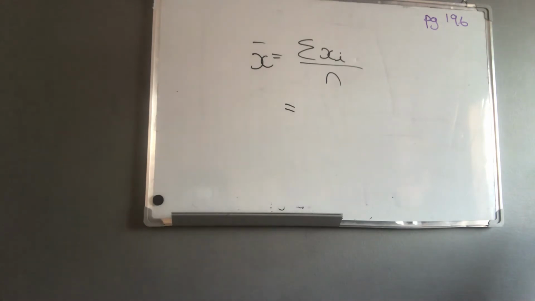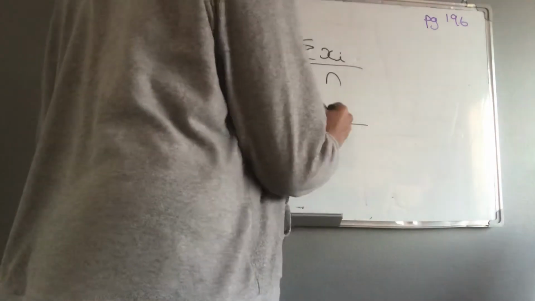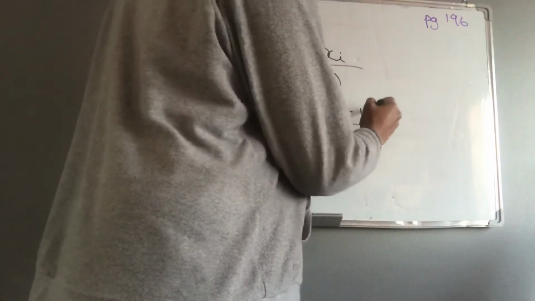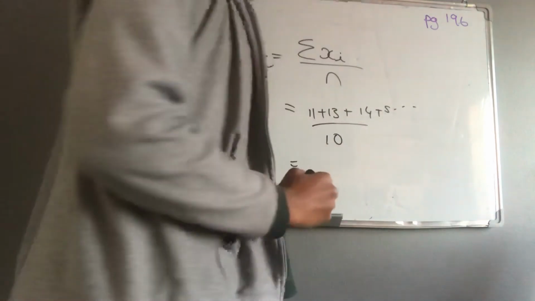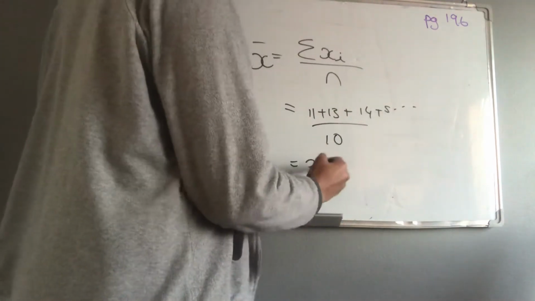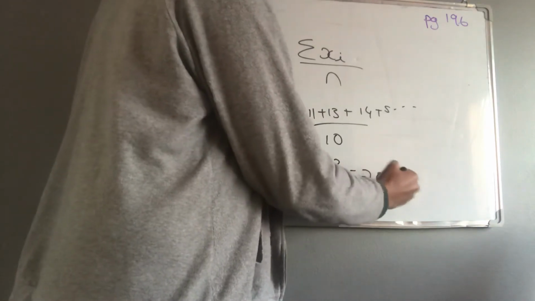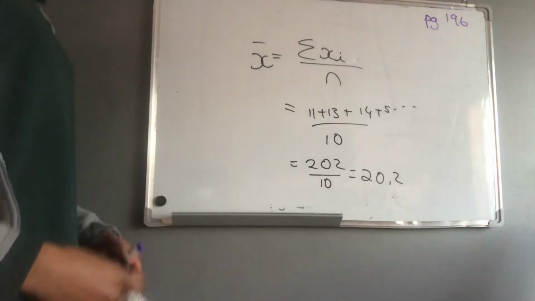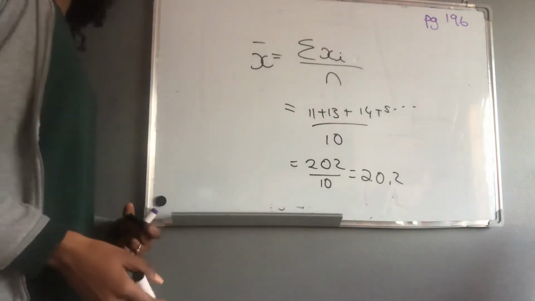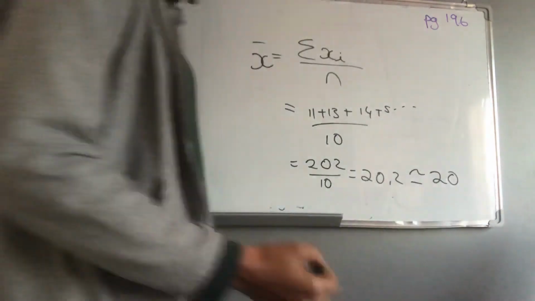So here we have 10 observations, and then we have to sum all of our data values: 11 plus 13 plus 14 plus 15 and so on. When you sum all those data values, you get 202 divided by 10. The answer is 20.2. We can round it off because you can't score a 0.2 goal, so we can round this off to 20 goals.